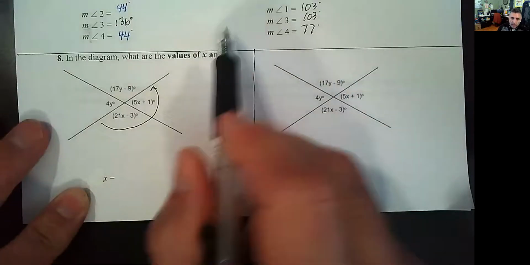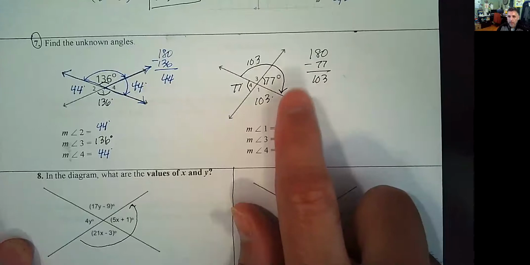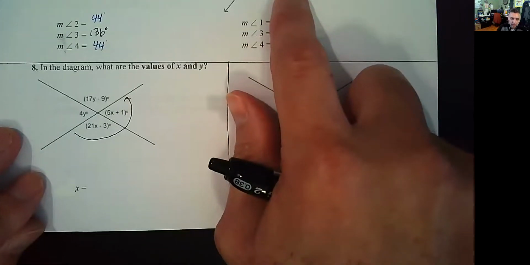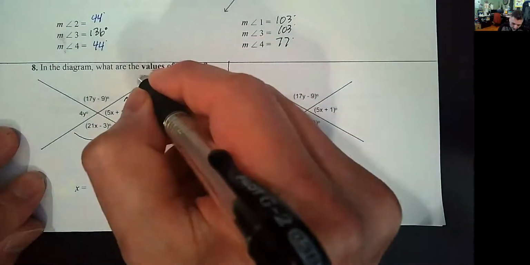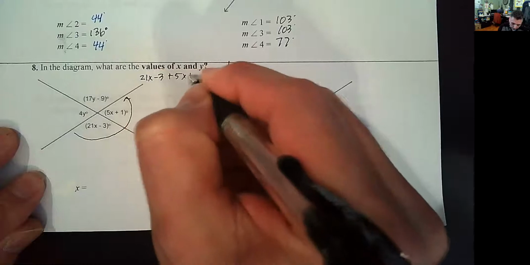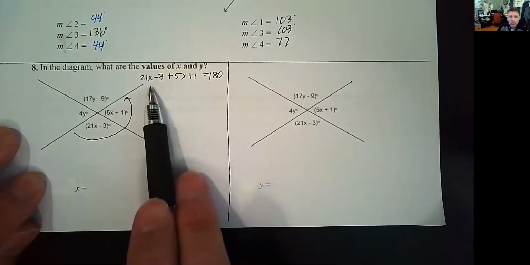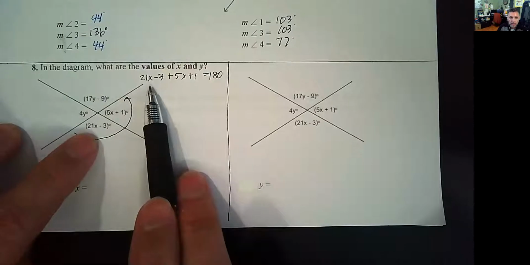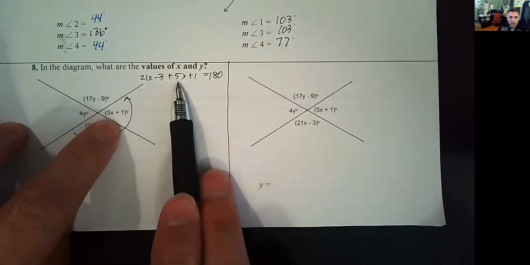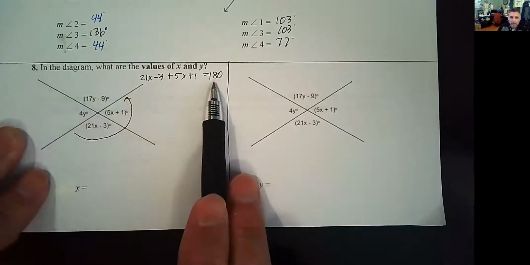Well, we just said those two make a linear pair, right? And whenever two angles make a linear pair, the two angles will add up to equal 180, right? 2x minus 3 plus 5x minus 1 will add up to equal 180.